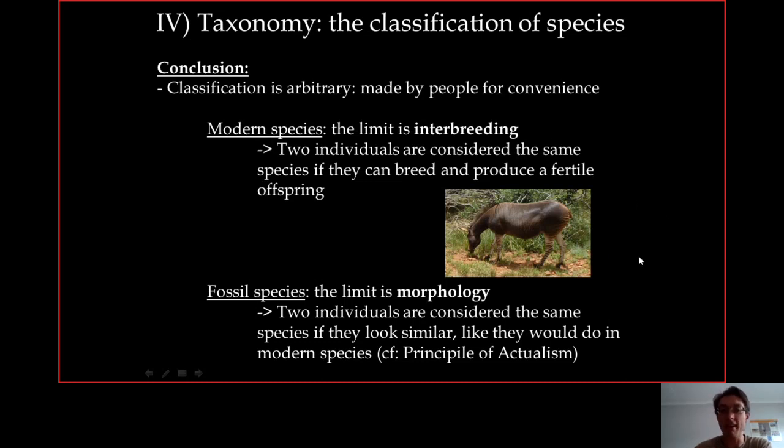So how do we decide that, for example, Tyrannosaurus rex is a different species from any other dinosaur? We use morphology. The limit is morphology. Two individuals are considered the same species if they look similar enough, at least like they would in modern species. So it's the principle of actualism.